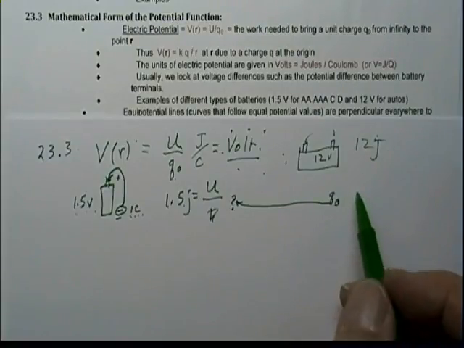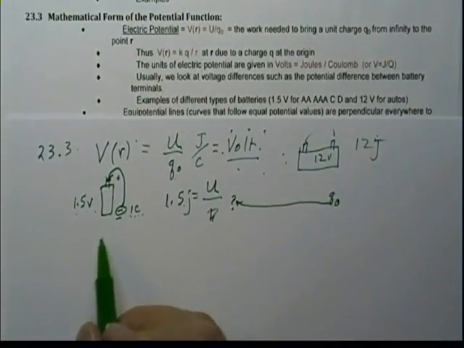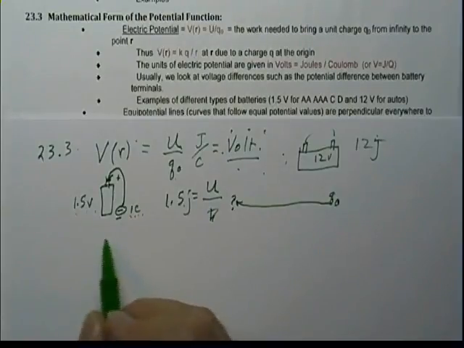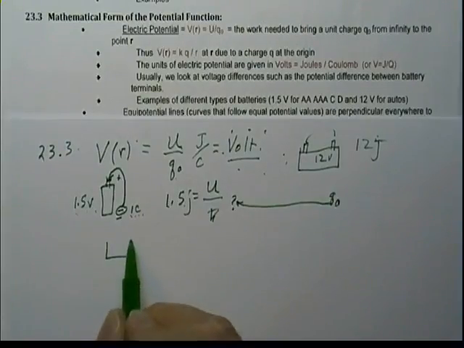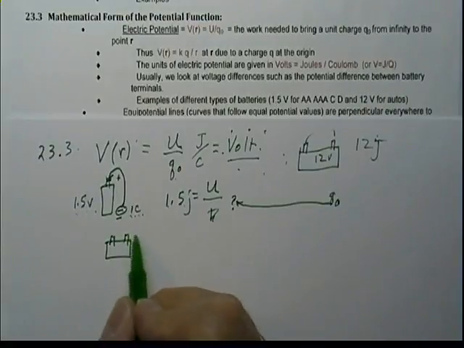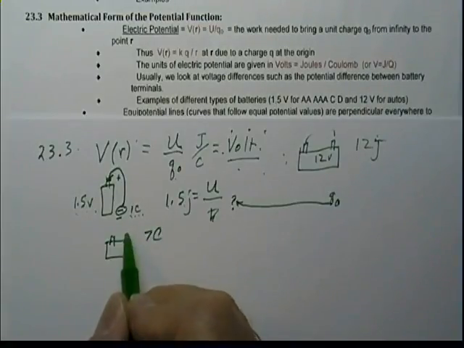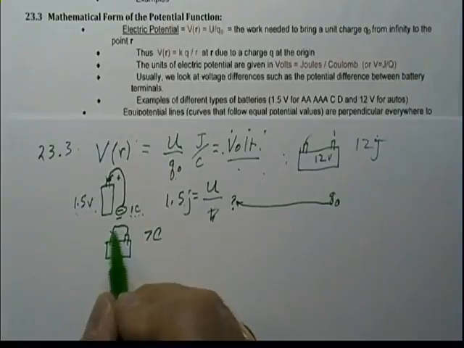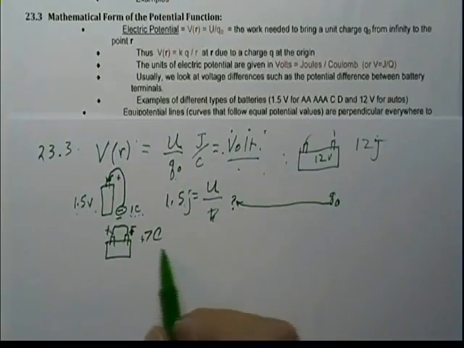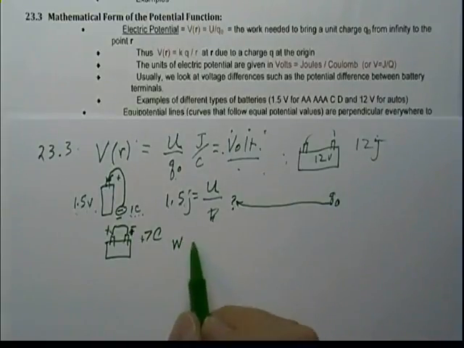Now, a problem that I might give on the test is we take a car battery, and we're going to move 7 coulombs from the negative terminal to the positive terminal. How much work is done?